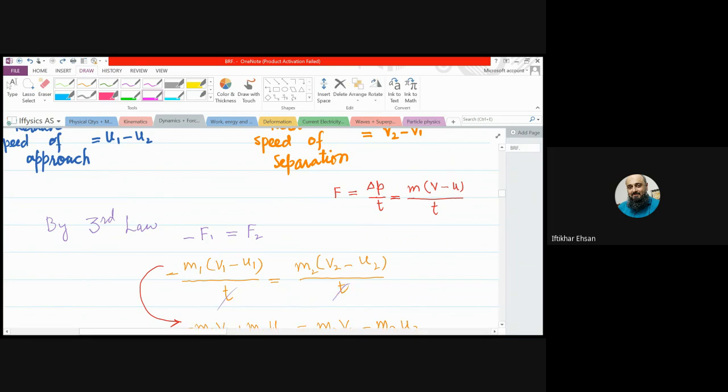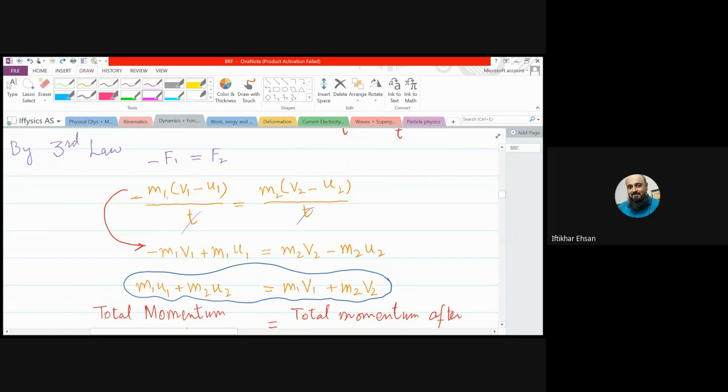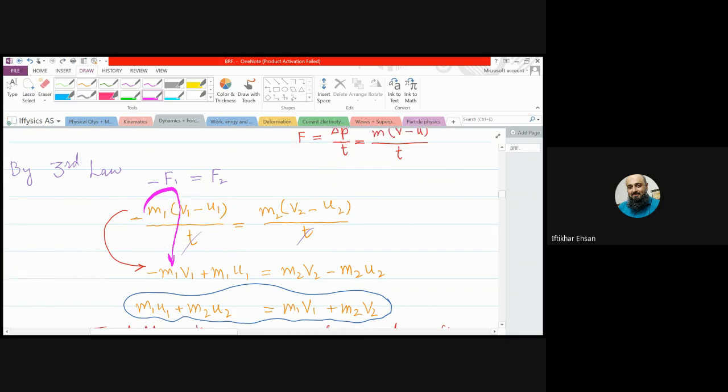Now minus m1 multiplied with v1 makes minus m1 v1, and minus m1 multiplied with u1 makes m1 u1, and minus minus makes it positive. We just multiplied m1 with both of them. Similarly, we multiplied m2 with both of them and have written here, simplify.